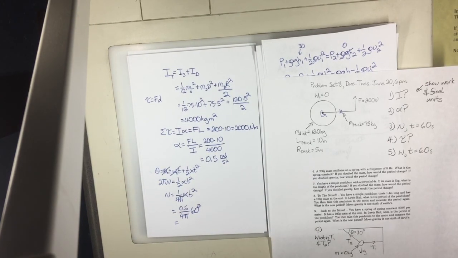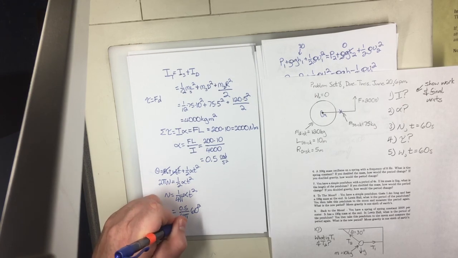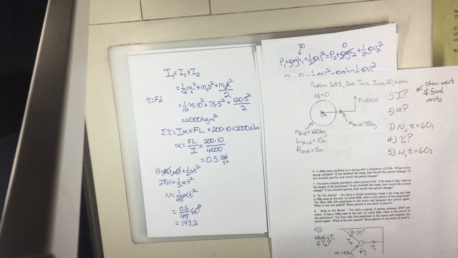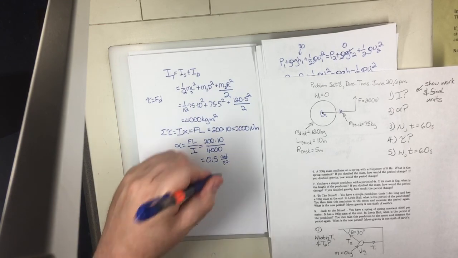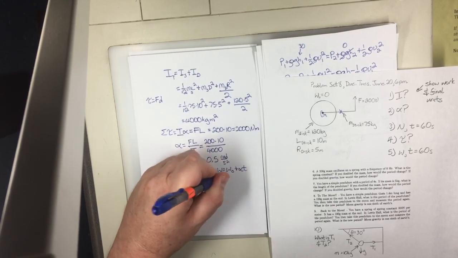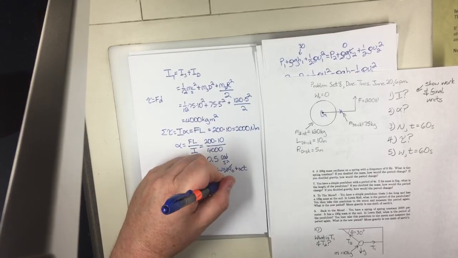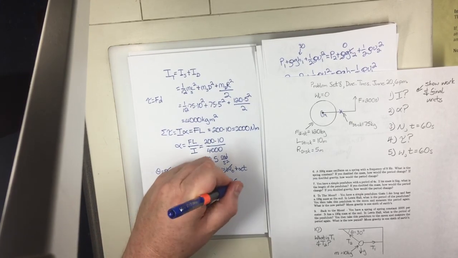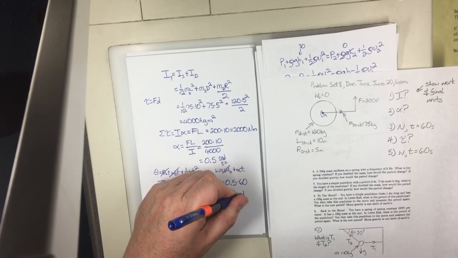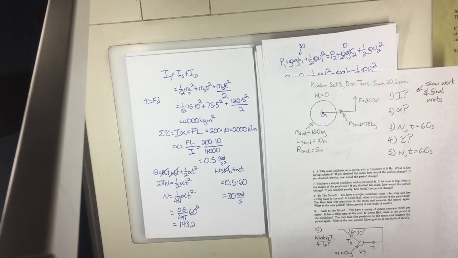And that gives us 143.2 times. The last part, the omega, is omega equals omega naught plus alpha t. Omega naught is 0, alpha is 0.5, t is 60, so omega is 30 radians per second at time equals 60 seconds.